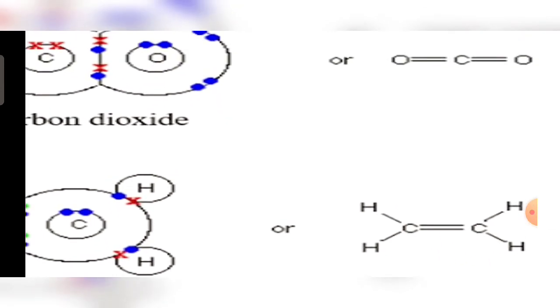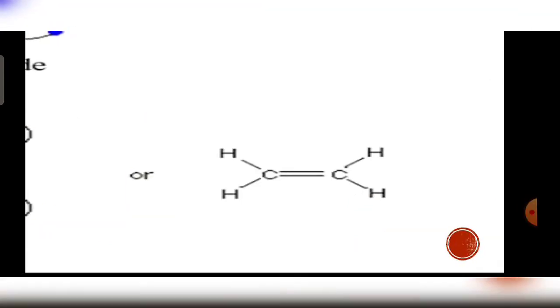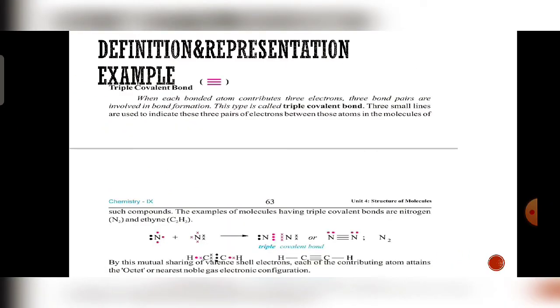So here you can see, because carbon and carbon are sharing two electrons, two bond pairs will be formed, and we will represent it with double lines, and it is called a double covalent bond. And similarly, next, the triple covalent bond.